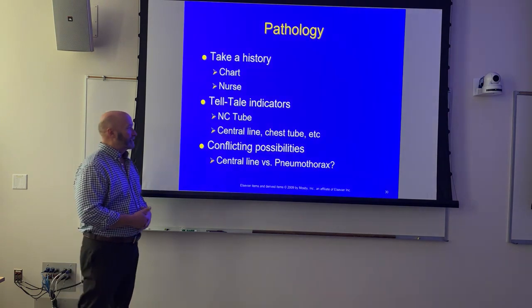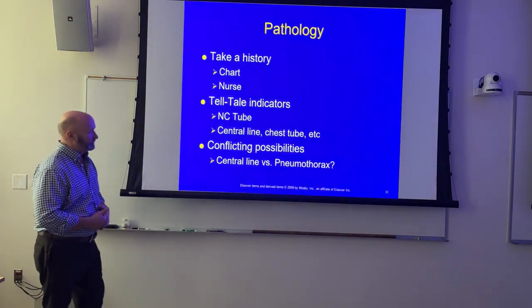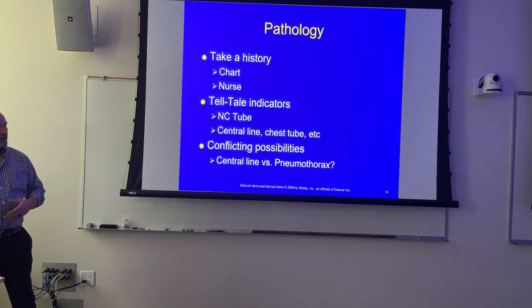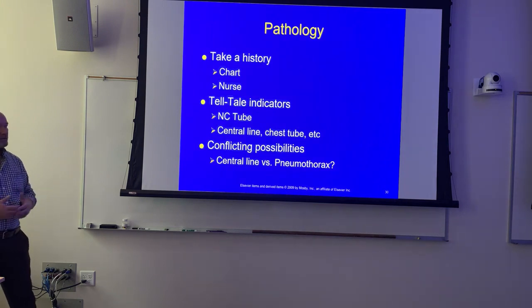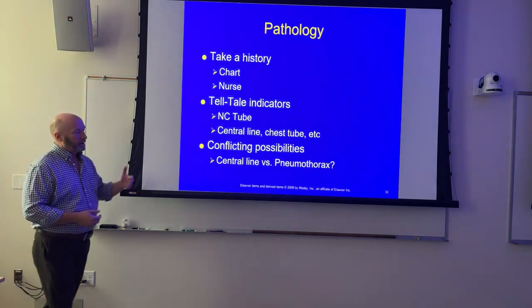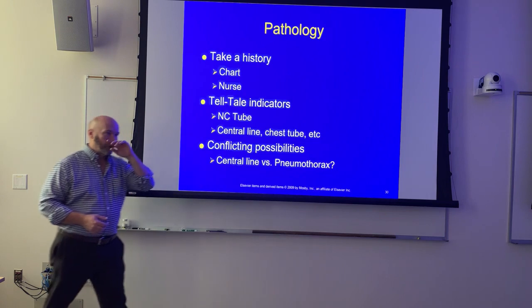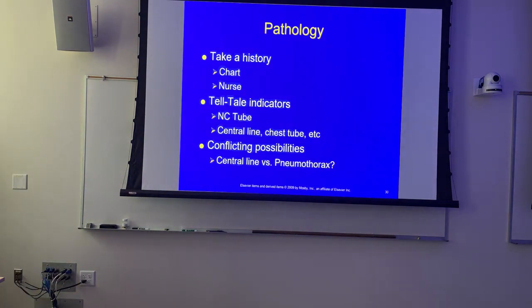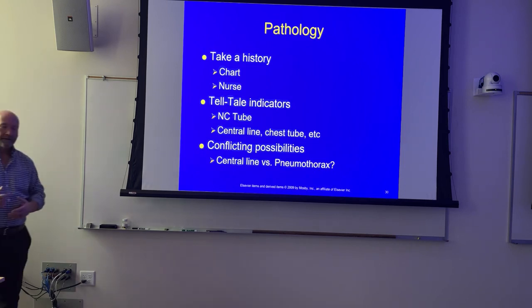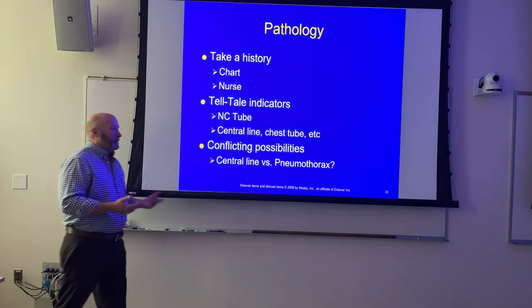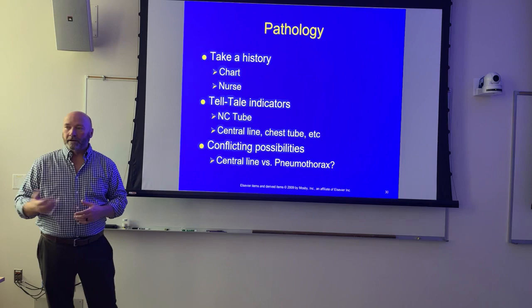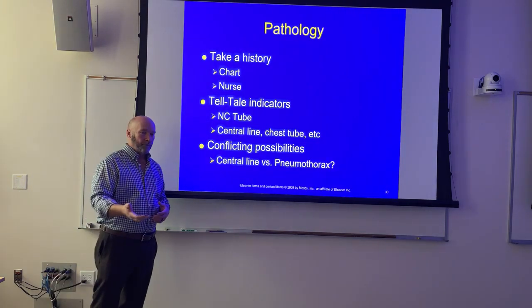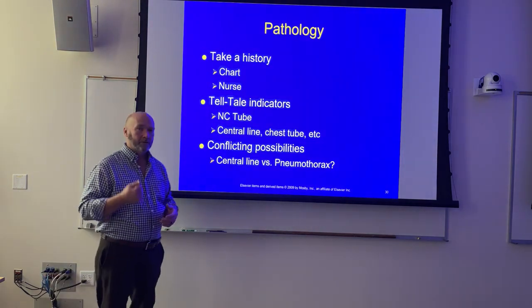So look for telltale indicators. That should be NG tube, central line, chest tube placement, that sort of thing. Pneumothorax is always more important to visualize than central line placement. In some rare cases, I've shot a portable chest on a patient one time, and it was a terrible stick.